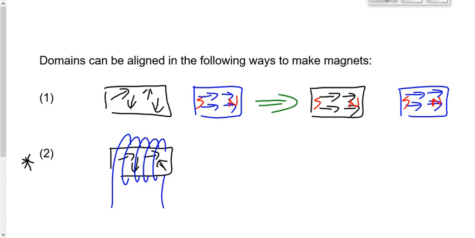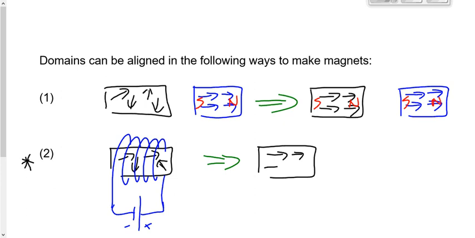Wrap a wire around it and apply an electric current through it. That's a battery, by the way, the negative terminal of the battery, the positive terminal of the battery. If an electric current goes not through the ferromagnetic material, but through the wire that goes around the ferromagnetic material, that's going to cause these domains that were more or less pointing in a random direction to start pointing in the same direction.